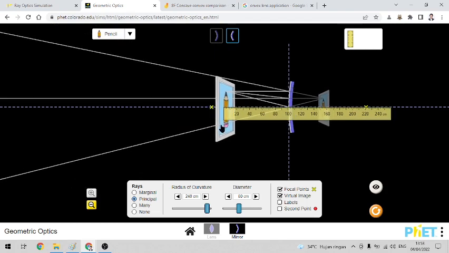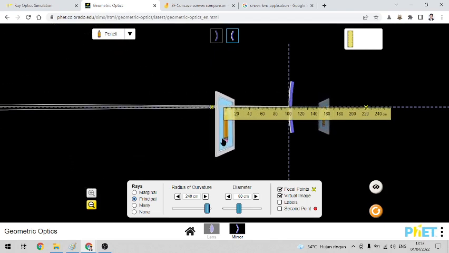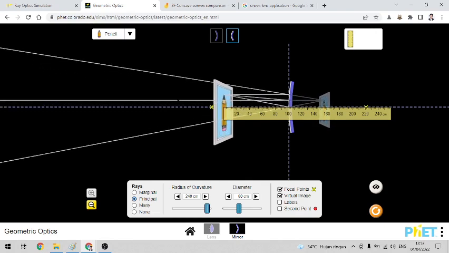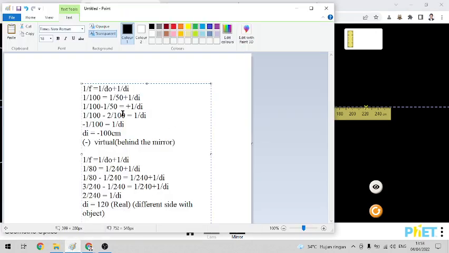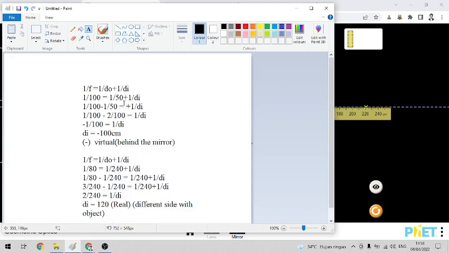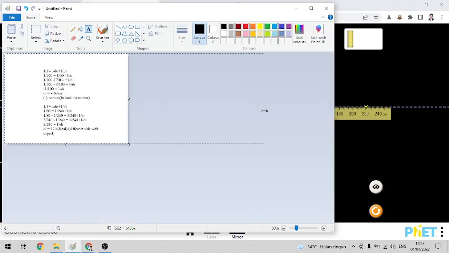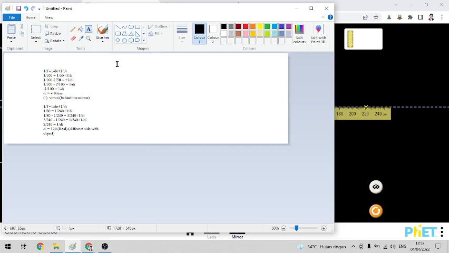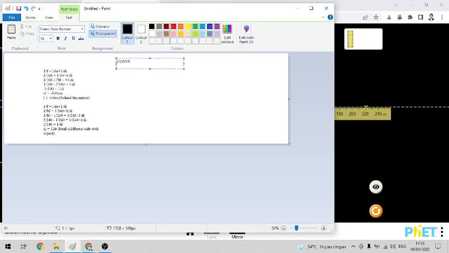Okay, so this is what you need to remember for convex mirror, and also for the concave lens, because they are similar. In concave lens, the focal length is negative because it's behind the mirror.